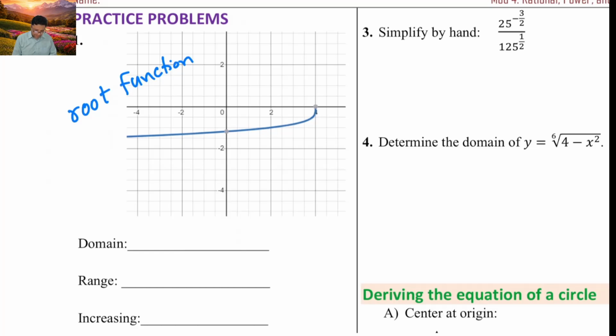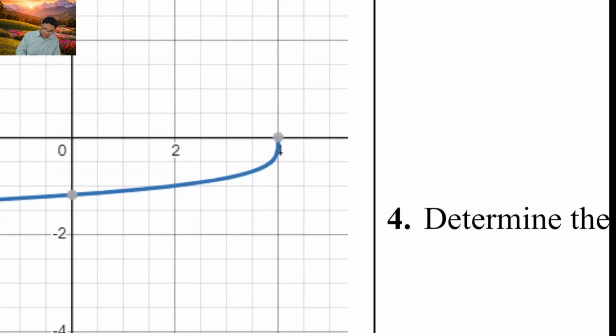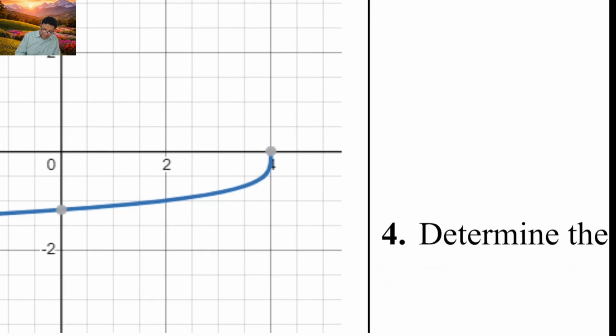We will write the domain and range and where it is increasing, where it is decreasing. First, we will discuss that. Look at the graph, zoom in, and you can see this is at the point 4. I'm going by the assumption that this is an open circle here.